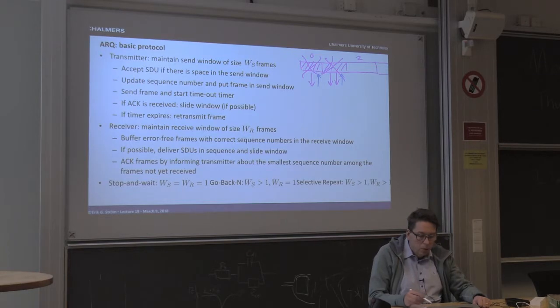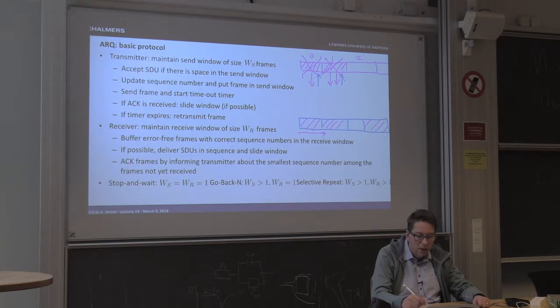The receiver also maintains a window of a number of frames. Say maybe it has 4 frames. Here it puts in frames which it receives. It knows in which order they should come, and these are placed in the order they are received.